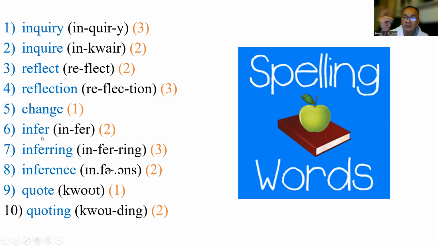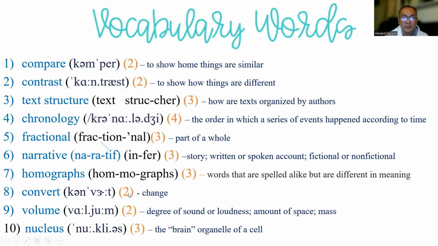Number 6, infer, 2 syllables. Number 7, inferring, 3 syllables. Number 8, inference, 3 syllables. Number 9, quote, 1 syllable. Number 10, quoting, 2 syllables.